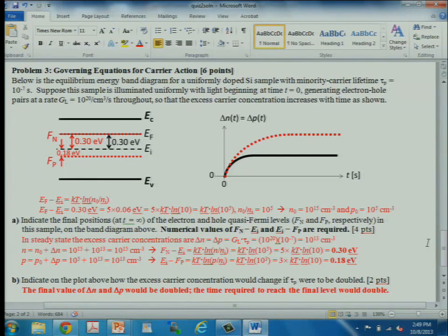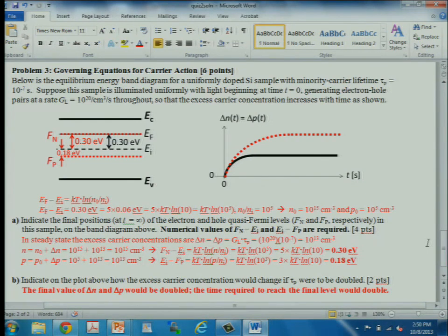So you know in steady state, after a long time, the excess carrier concentrations are just going to be equal to 10 to the 13 per centimeter cubed. 10 to 13 is negligible compared to the equilibrium electron concentration. So electron concentration doesn't really change much. Therefore, the quasi-Fermi level for electrons doesn't move significantly. But for holes, the excess carrier concentration is much greater than the equilibrium concentration.